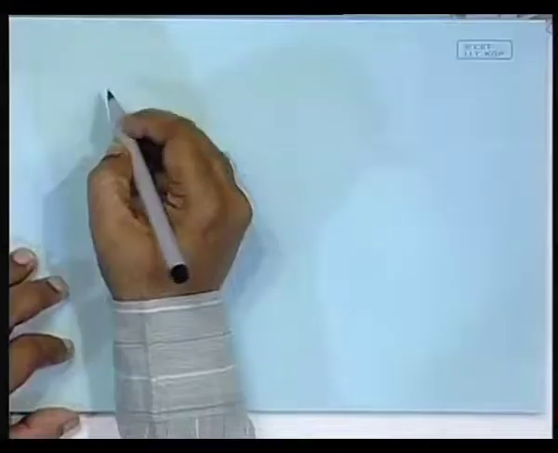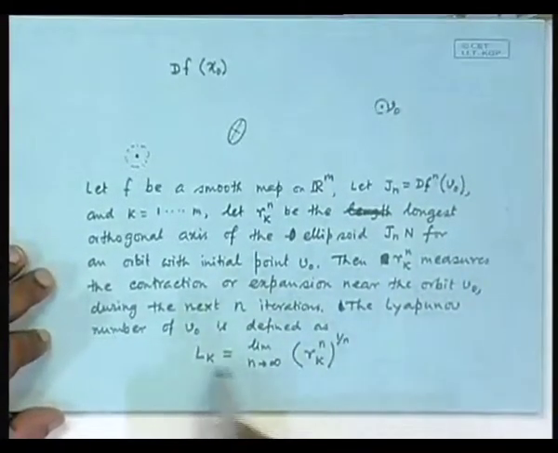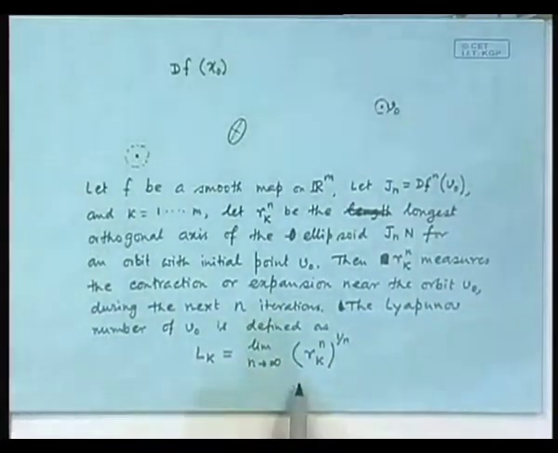Obviously, you might ask, how do you really derive the nth iterate and then let n go to infinity? We will treat those issues later, but this is the definition. Conceptually you need to understand it, and this is the Lyapunov number provided this limit exists.